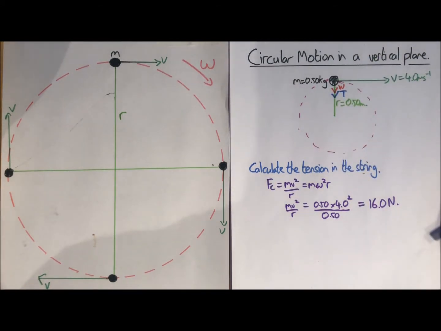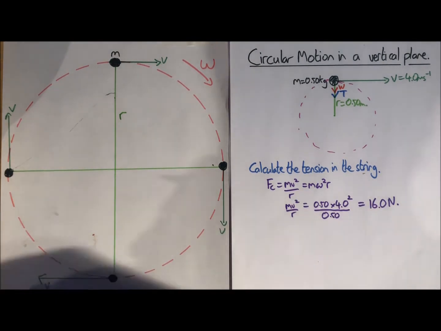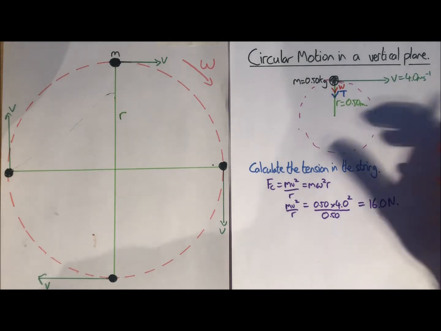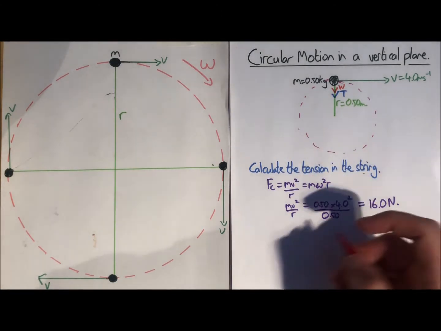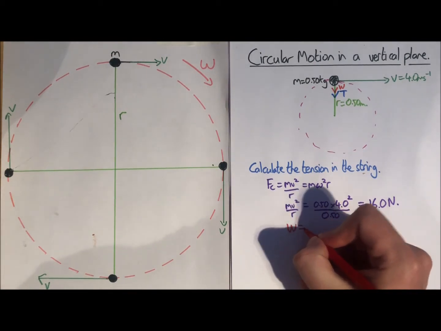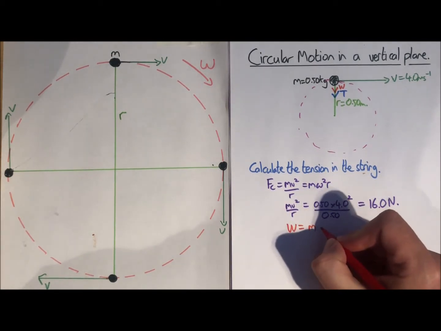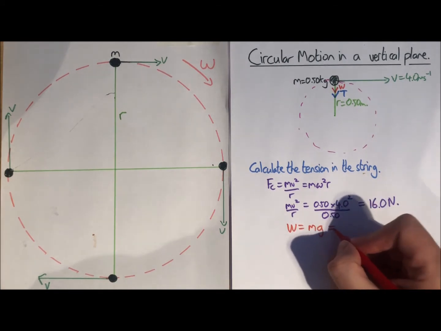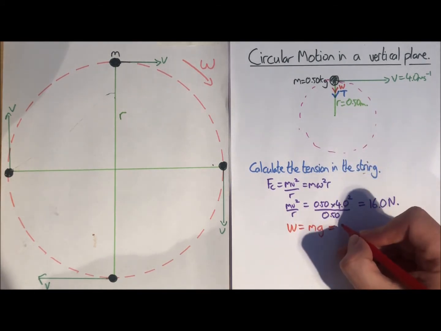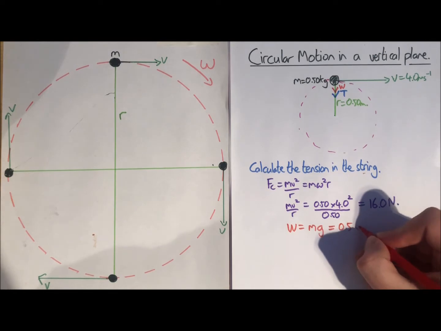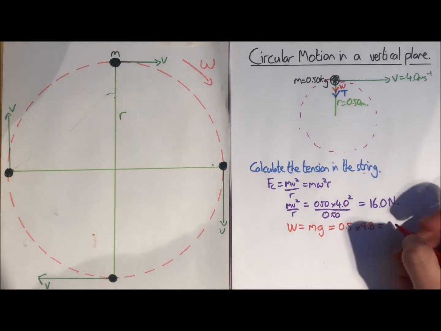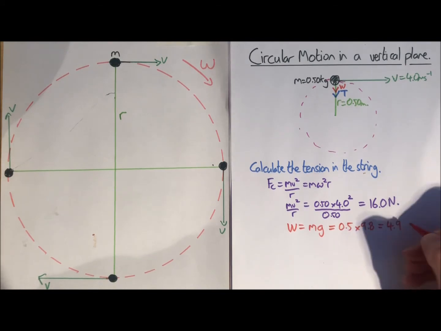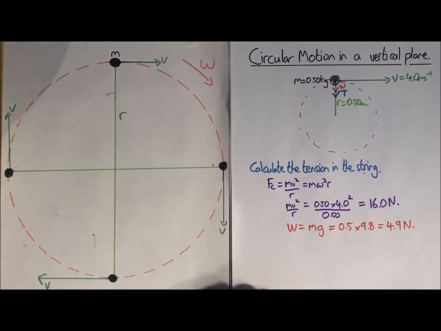Okay, so in that case, the weight and the tension both acting down. So we actually need to consider the weight here, how much that is contributing to the centripetal force, which remember is just the resultant. So weight is mass times gravitational field strength, which is, mass was 0.5, g is 9.81, we'll just use 9.8 for now, just keep the numbers relatively straightforward, and that's 4.9 newtons.